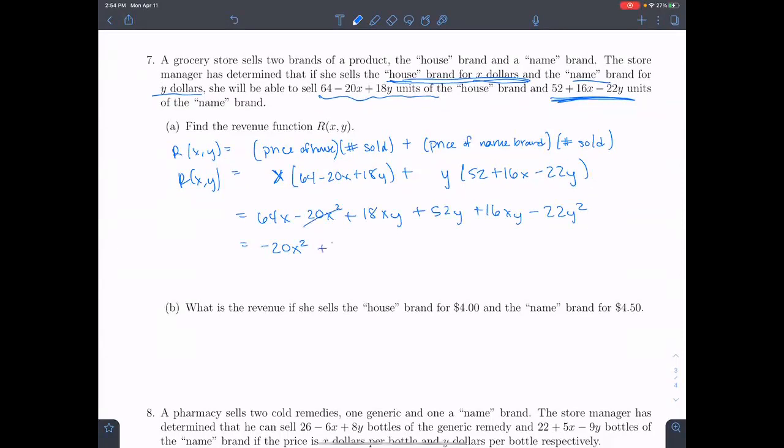Just X terms, I only have the one. X and Y, I have 18 and 16. That is going to be 34. Just Y terms, I got that one, 52Y. And then minus 22Y squared. So there's your reduced or simplified revenue function, R of X, Y.